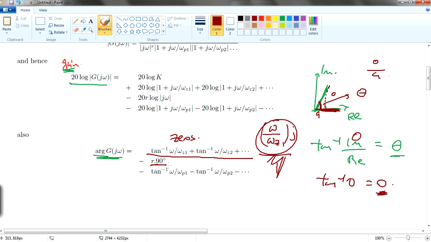This is the integrator part: n times 90 degrees. What this means is that if you remember our integrator, 1 over s equals minus 90 degrees. If it's 1 over s squared, you will have minus 180 degrees. 1 over s cubed, you will have minus 270 degrees.